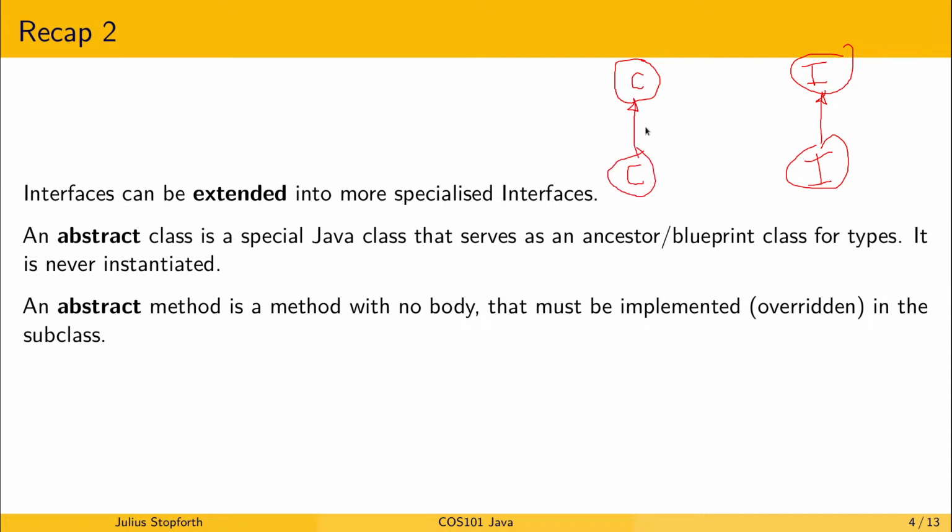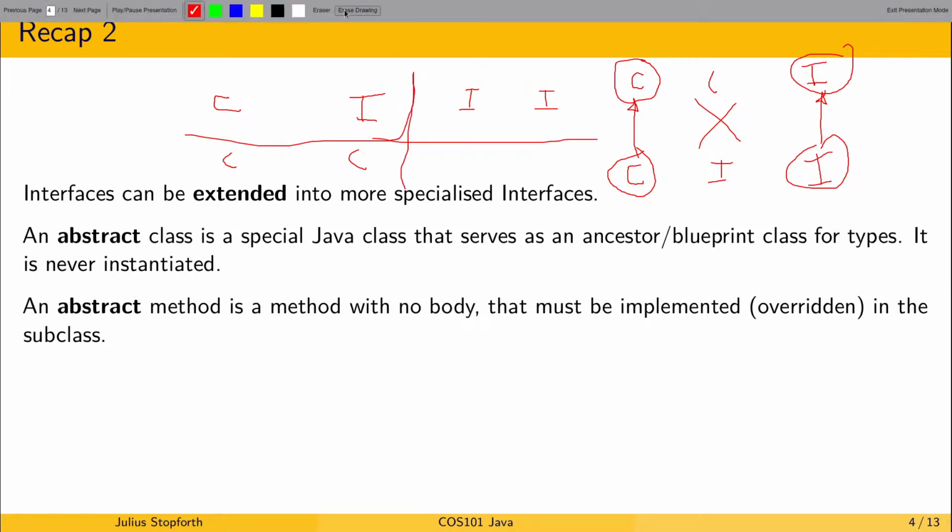So the bottom class extends the top class. However, we may not have a class extending an interface or an interface extending a class. That's not right. A class implements an interface. A class can extend a class, and an interface can extend an interface. Those are the three rules we have in Java.